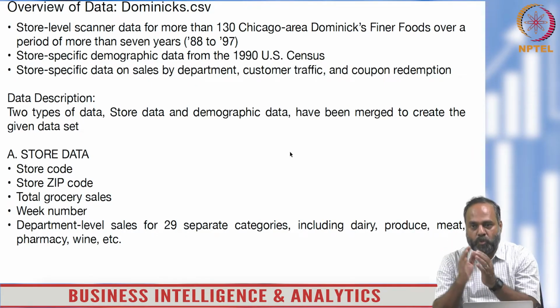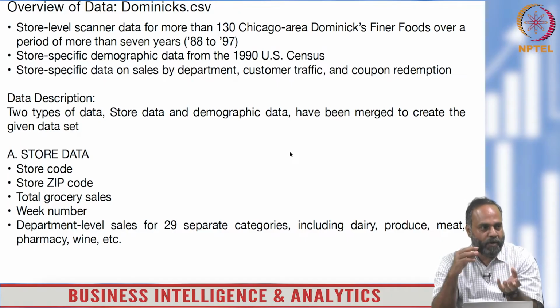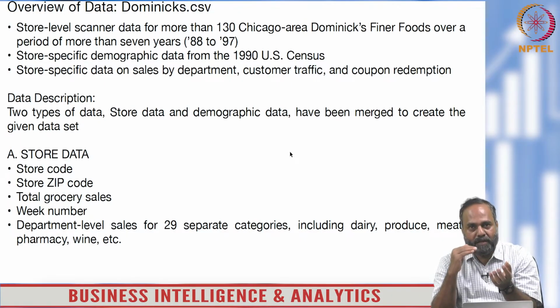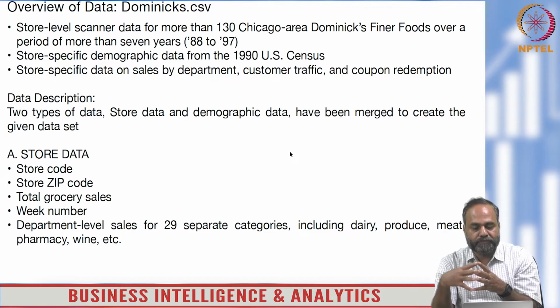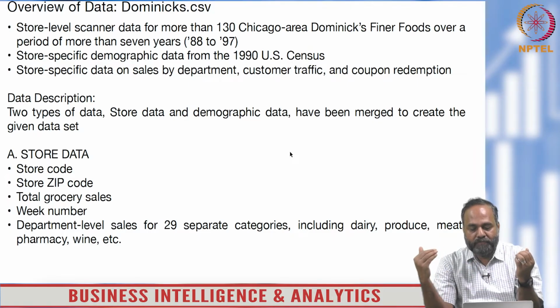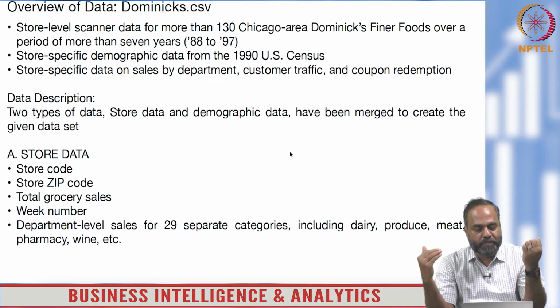Okay. So, each store has customers, and customers buy products. So, there is aggregated customer buying data, okay, because it is store level, and customers' demographic data also, okay, and these are combined or joined into singular records based on store ID.